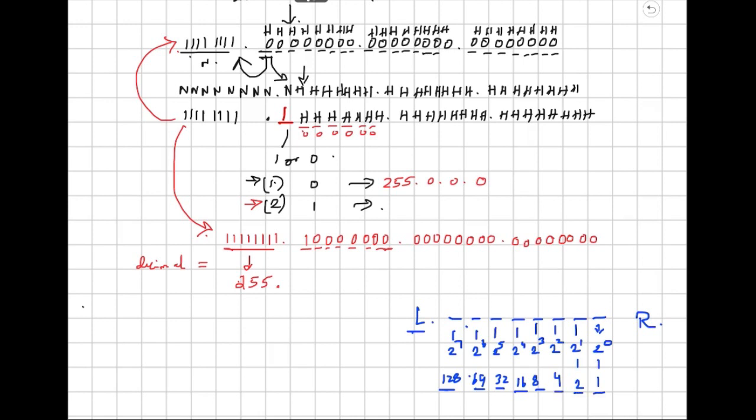If we multiply with the binary, whatever 1 or 0 is available here: 128 into 1 is nothing but 128, plus 64 into 0 is 0, 32 into 0 is 0, 16 multiplied by 0 is 0, 8 multiplied by 0 is 0, 4 multiplied by 0 is 0, 2 multiplied by 0 is 0, 1 multiplied by 0 is 0, and the remaining are all zeros. If you convert this into decimal, this is 0, this is also 0.